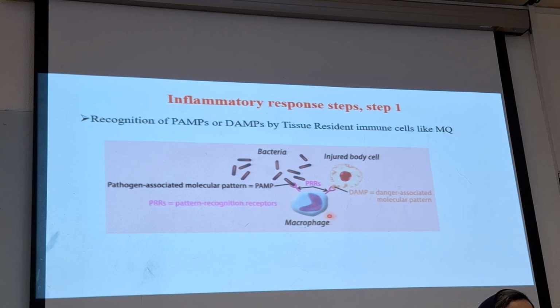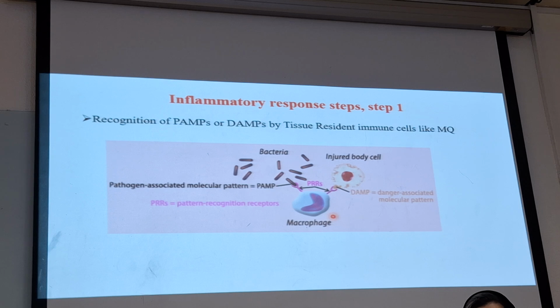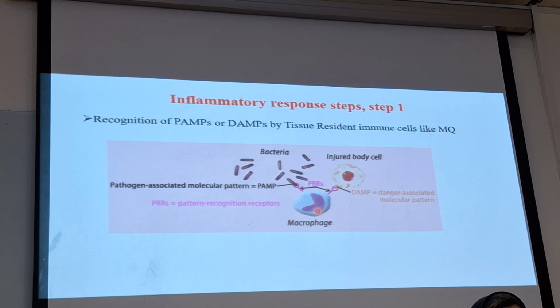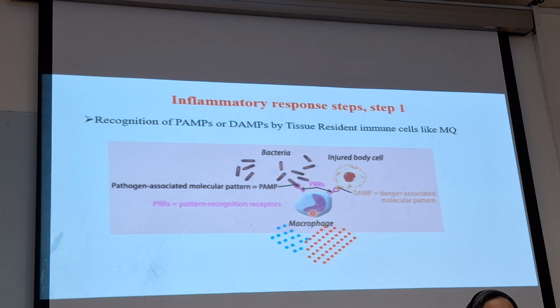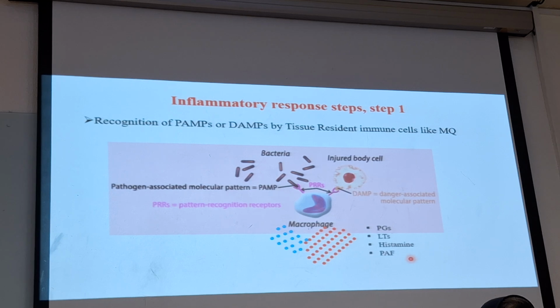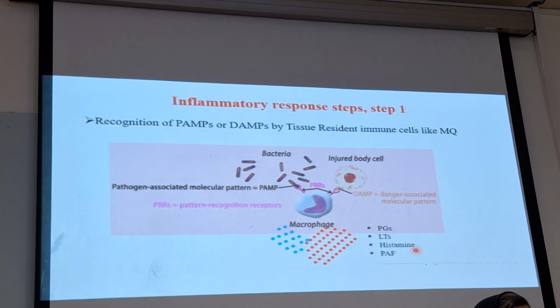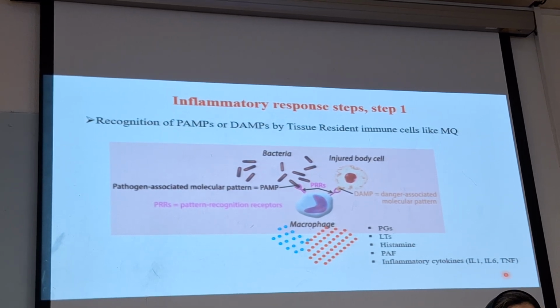These cells, because of receiving activatory signals, are activated and start producing a lot of different types of mediators like prostaglandins, leukotrienes, histamines, PAF or platelet activating factor, and inflammatory cytokines like interleukin-1, interleukin-6, and TNF-alpha.